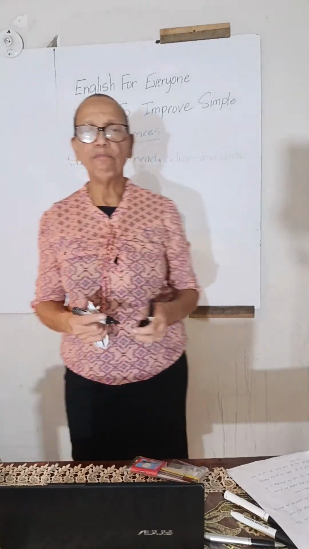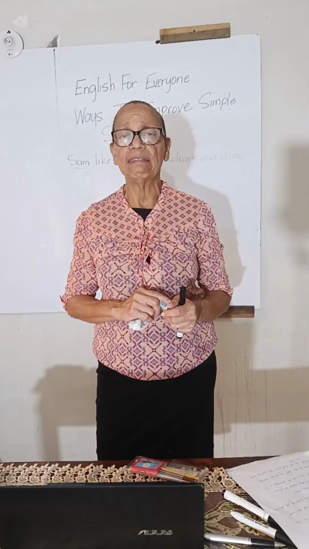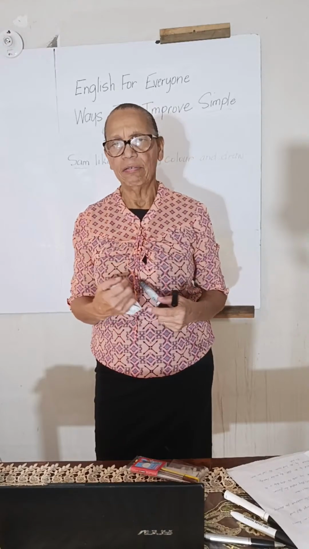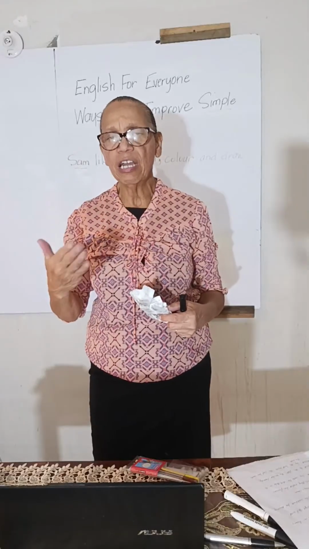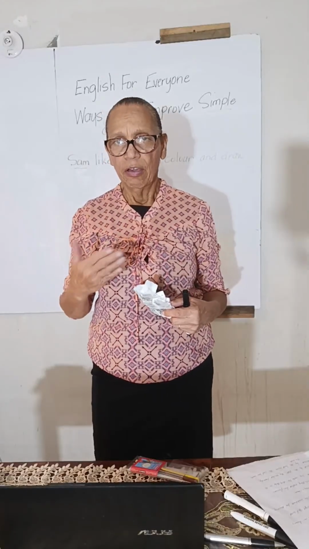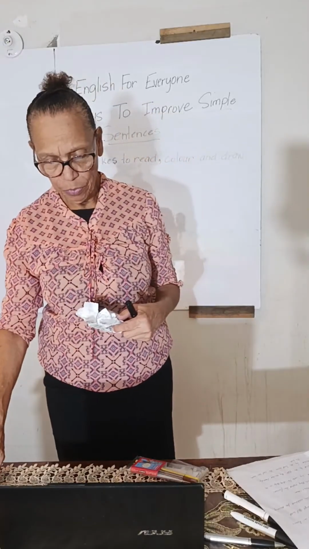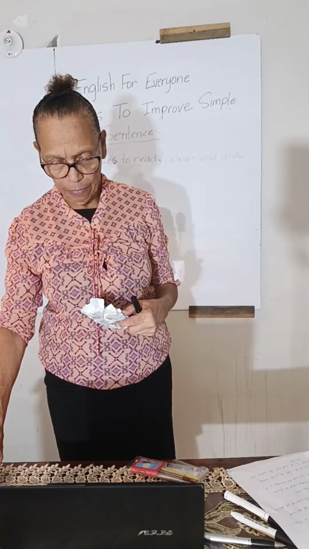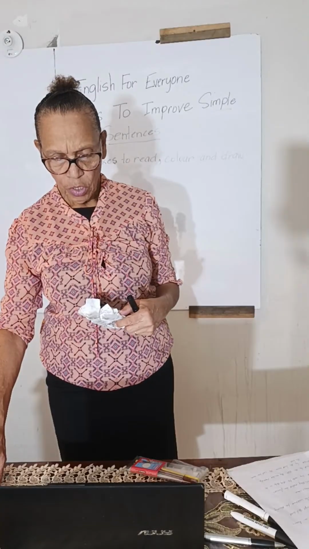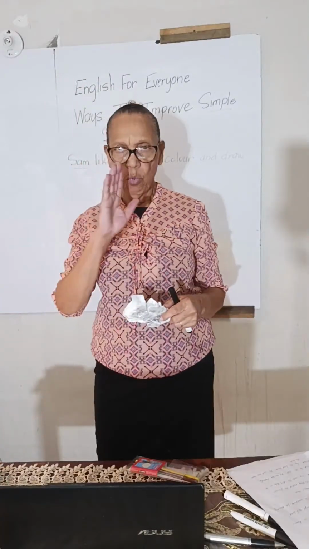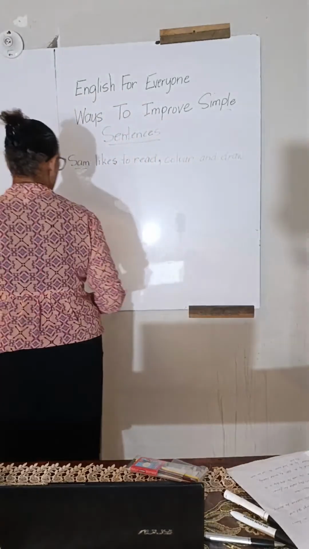So when you add more subjects and more action verbs to the sentences, you can get a better sentence, a better appreciation, or better interest. Or the sentence will make more sense to you and you will want to read. All right, so we're going to start off with one subject, two verbs.